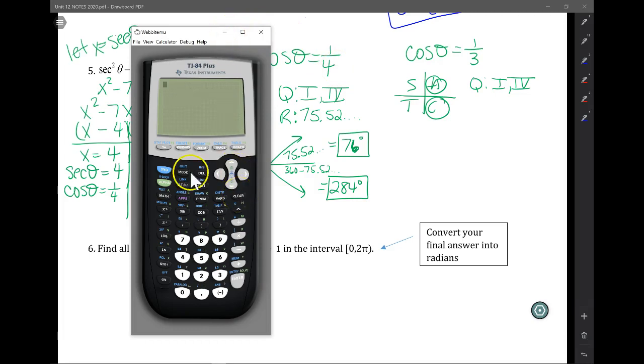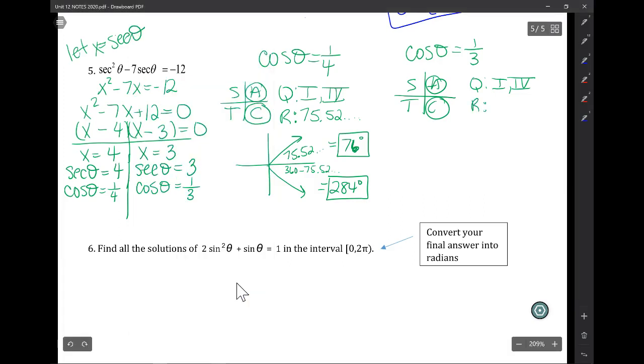All right, well, now we have to find the reference angle for 1/3. So inverse cosine of 1/3, pretty close to the last one. Our reference angle is 70.52... this time. We are in the same two quadrants as last time, so 70.52... and 360 minus that 70.52.